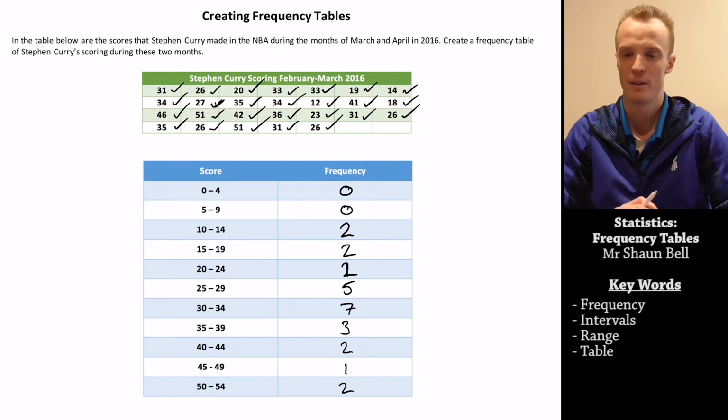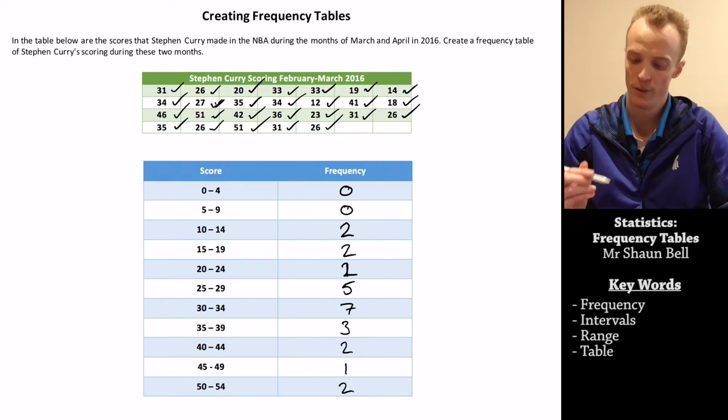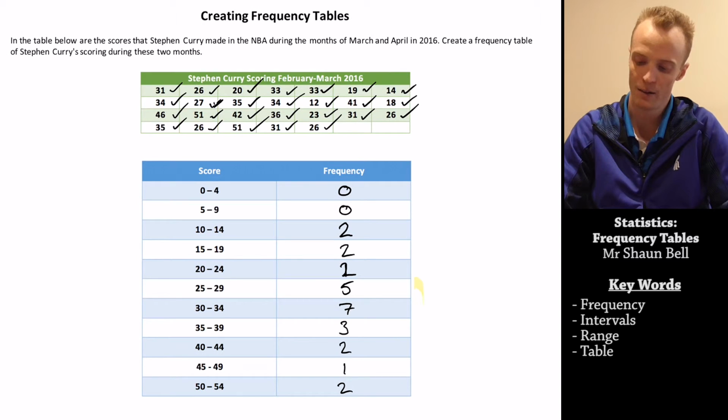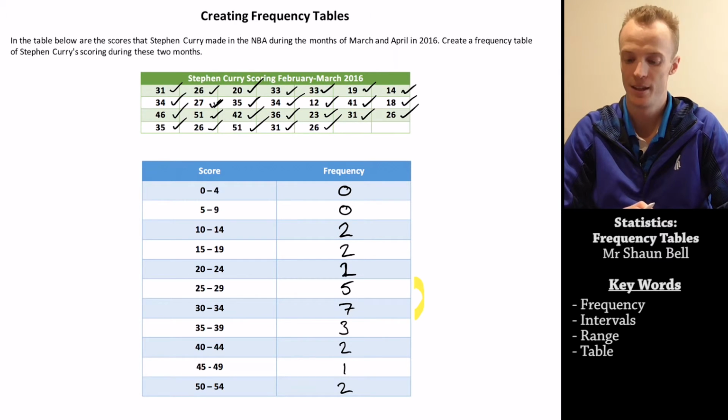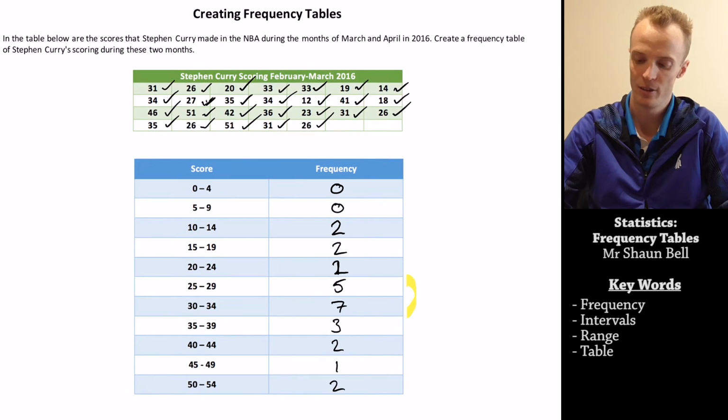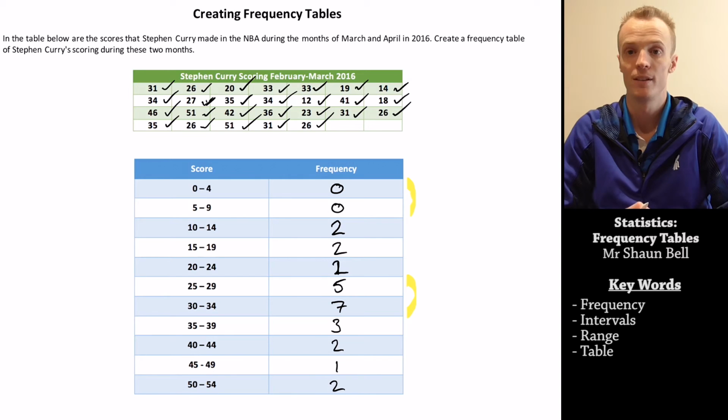So now I've completed my frequency table. Now what I can do is look at the frequency table and see some things I might not necessarily have been able to see as easily before. For example, the first thing I've noticed is Steph Curry has a lot of his games where he scores between 25 and 34 points. The second thing I can easily see is he doesn't actually have any games where he scored less than 10 points.